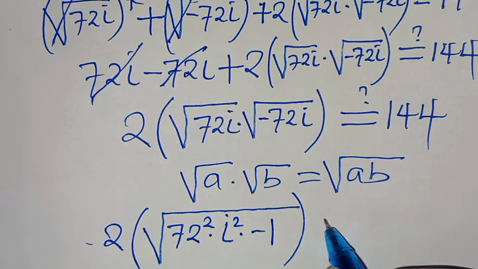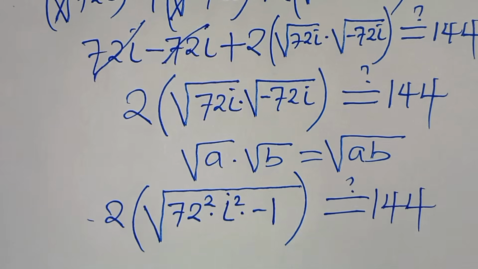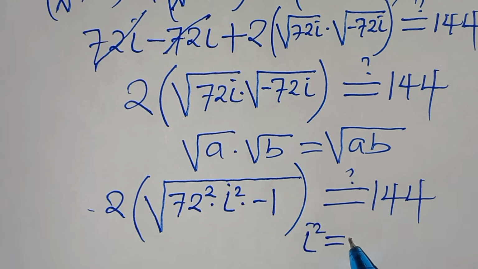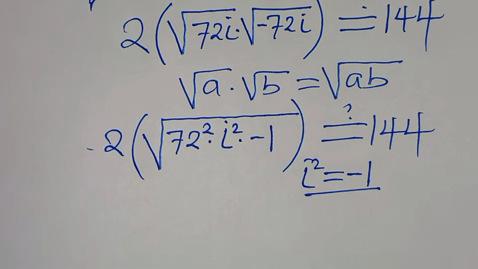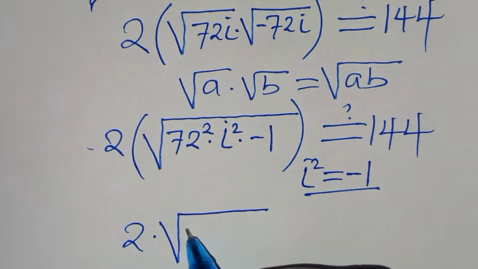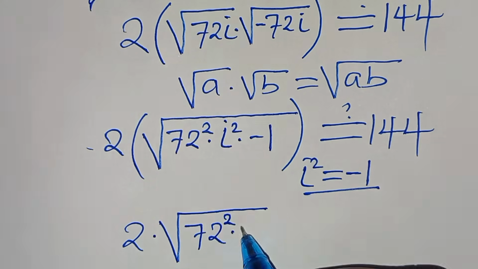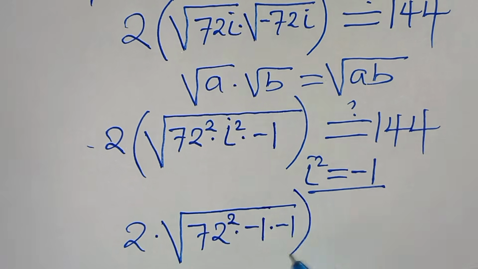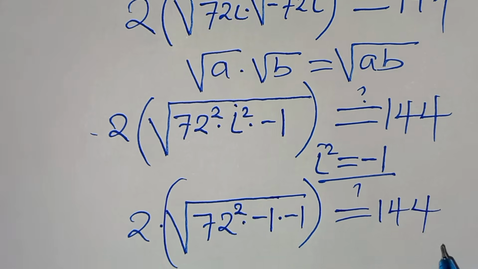This is supposed to give us a value of 144. We have that i squared is the same thing as minus 1. So this implies that we have 2 times the square root of 72 raised to the power of 2 times i squared, which is minus 1, then times minus 1. This is supposed to give us a value of 144.